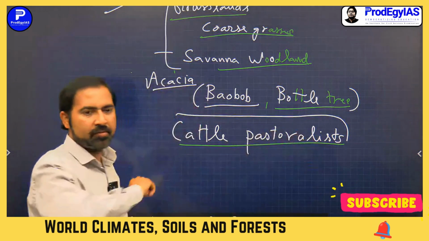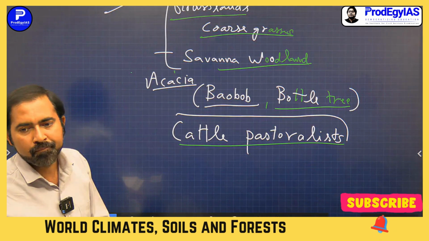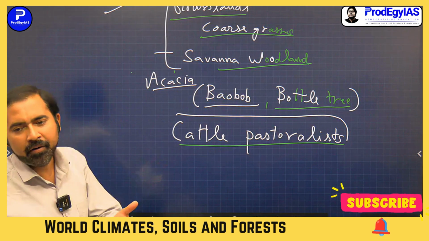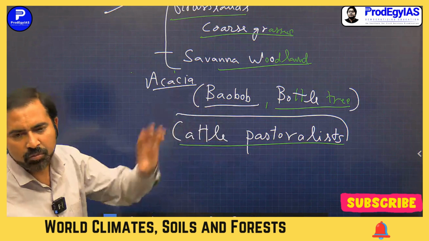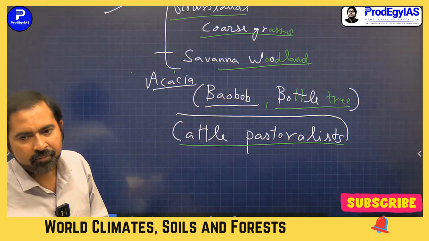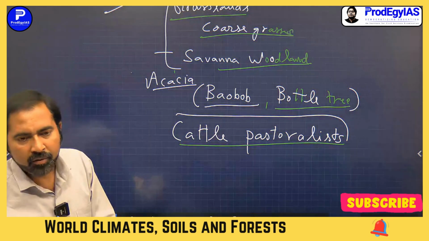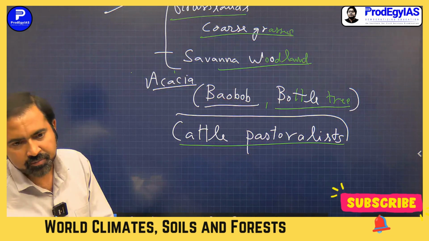Who are pastoralists? Who do animal ranching or animal husbandry. Ranching word is more specific to commercial part, commercial venture, right? So the people whose economy is dependent upon animal husbandry, they are known as pastoralists.